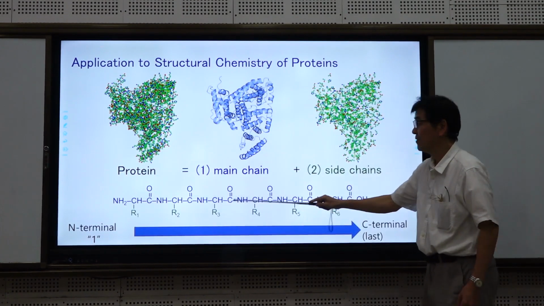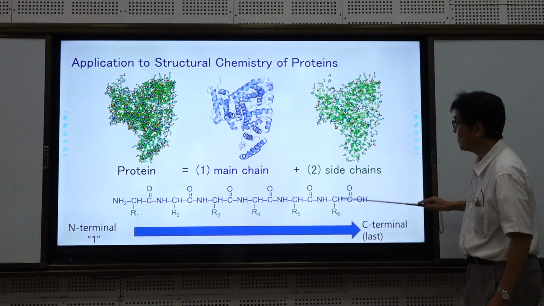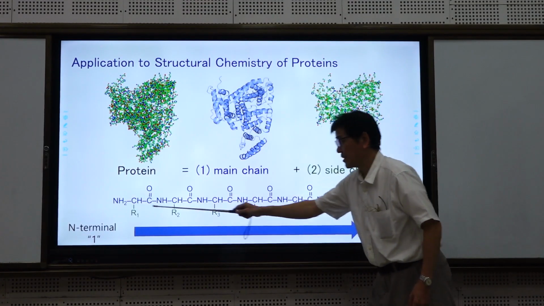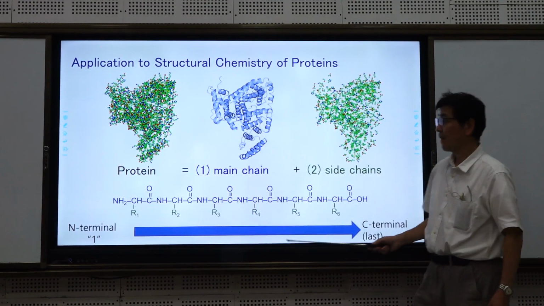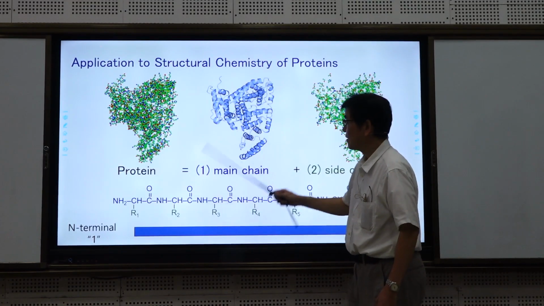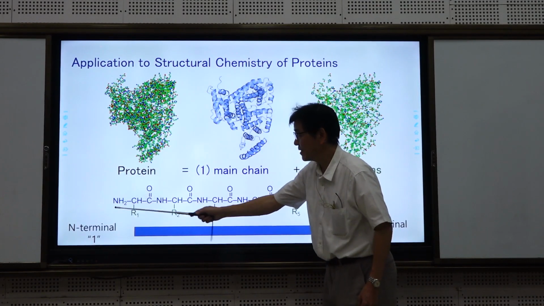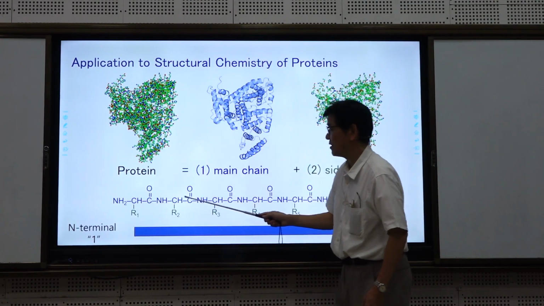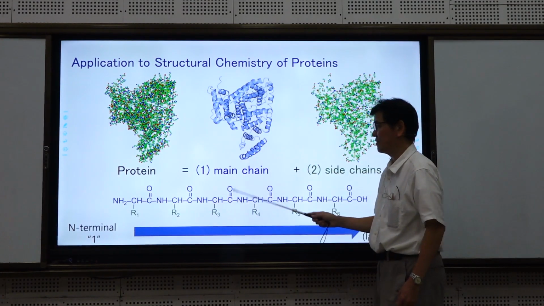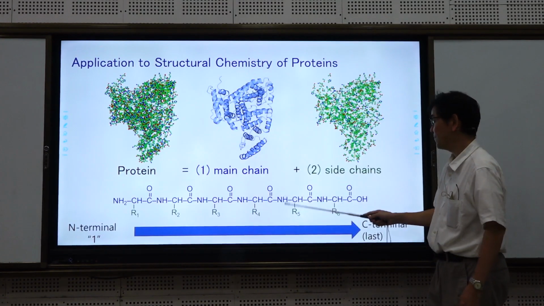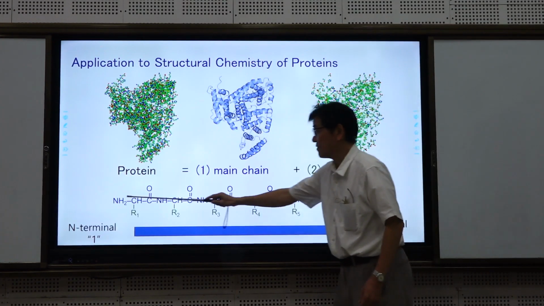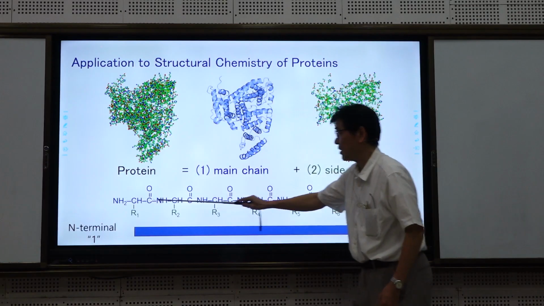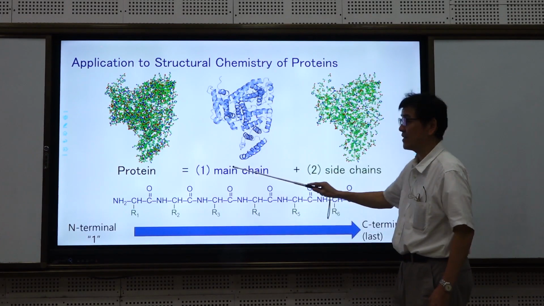By repeating this, it becomes a long chain polymer. The blue part is repetitive: NCCO, NCCO, NCCO, NCCO, right? So this is the repeating unit, so we call it the main chain.